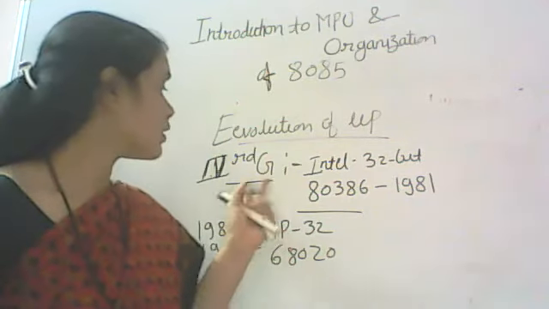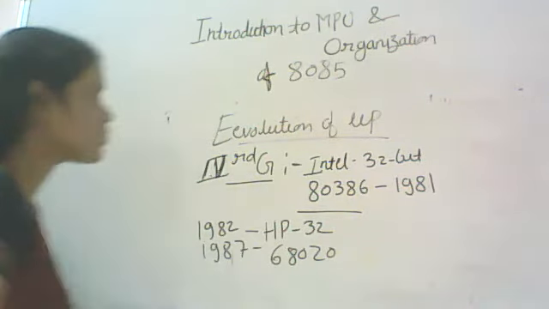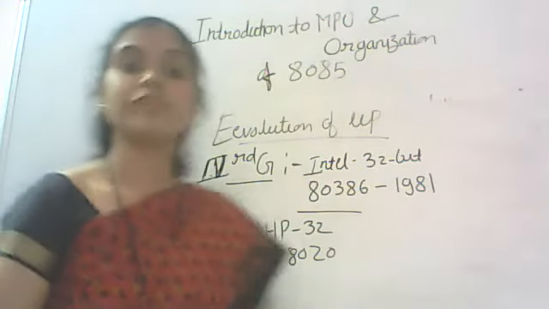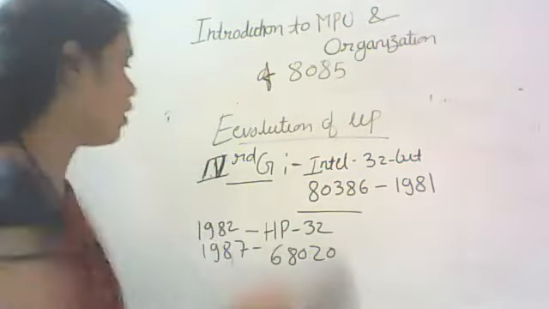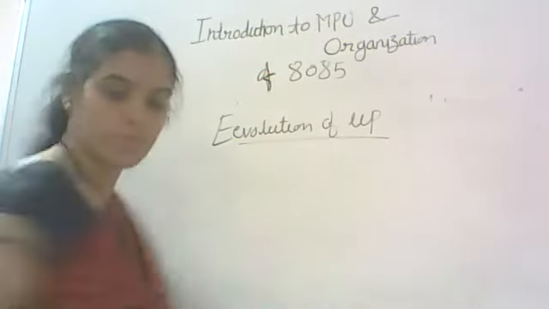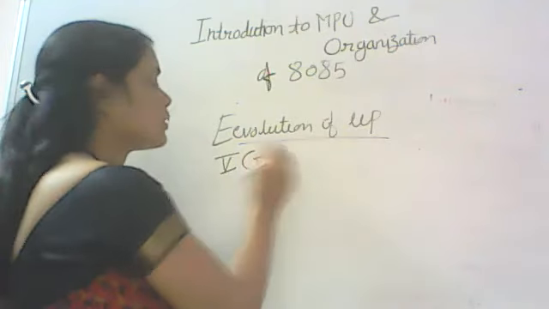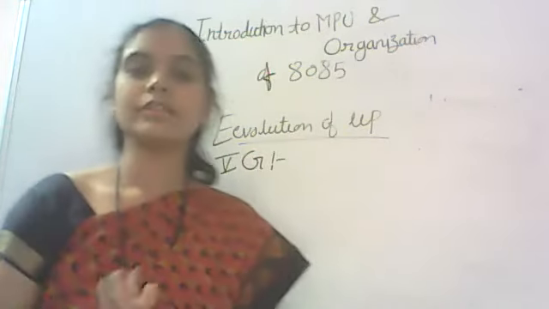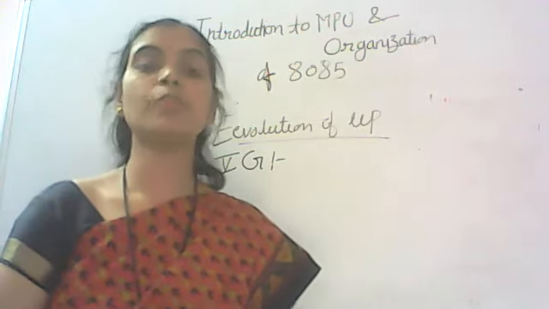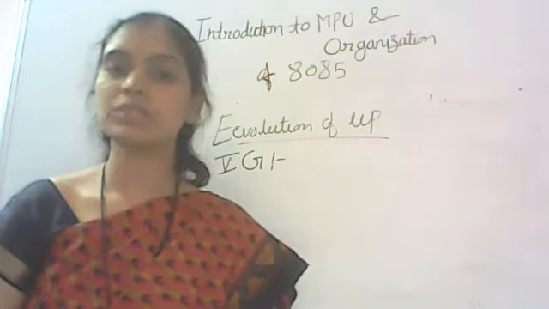Now, this is about the fourth generation microprocessor, and the last is the fifth generation of microprocessor. This generation started from 1993. Intel introduced the Pentium series.